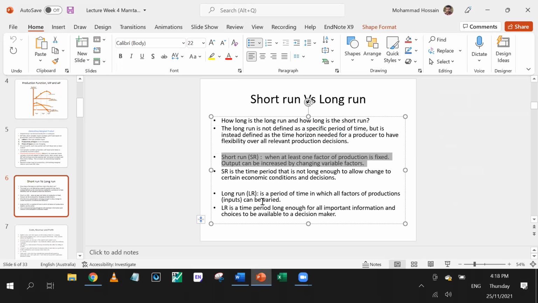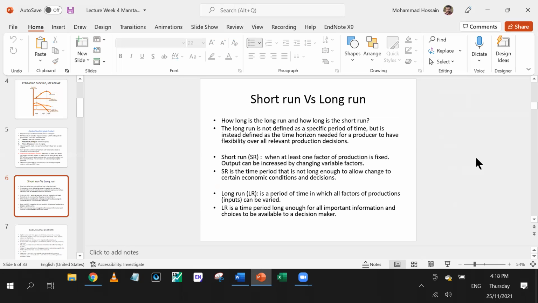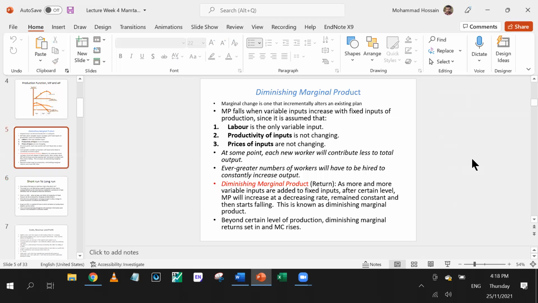And what is long run? It is a period of time in which all factors of production can be varied. So long run is a time period long enough for all important information and choices to be available. Okay, so they mean it is long enough that you have to change all those factors of production.